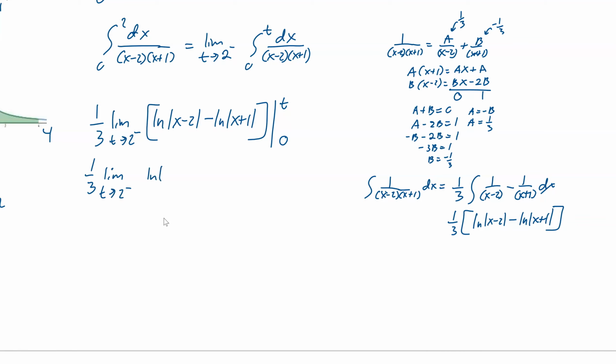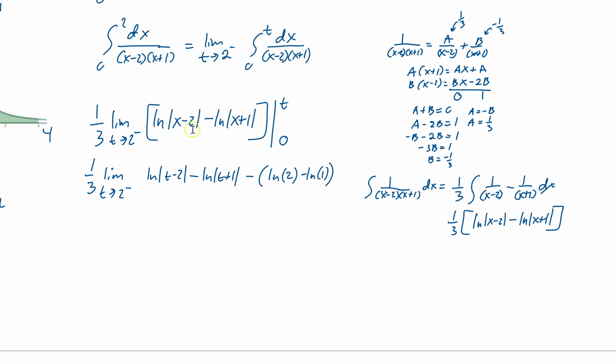You have to plug it in and look at it. So t minus 2 minus ln of t plus 1, minus, and then now the next one. So ln of negative 2, absolute value, so that would just be 2. So again, if you plug in 0, it'd be 0 minus 2, which is 2. Plug in 0 in the other, be 1. So minus ln of 1, and that's 0.